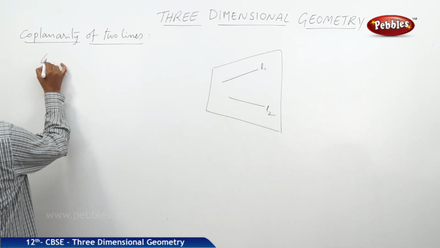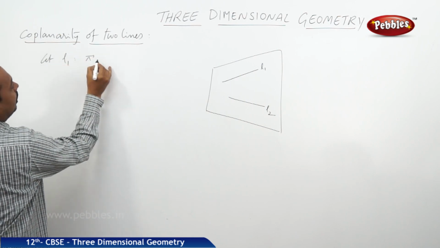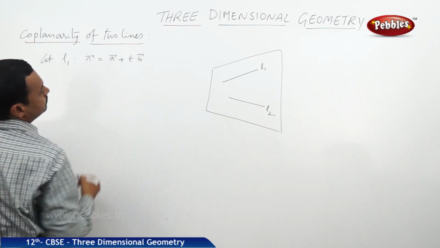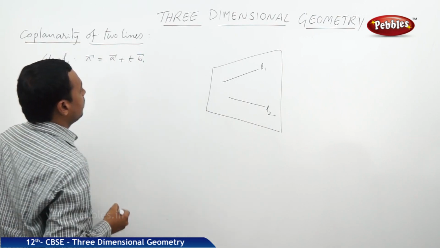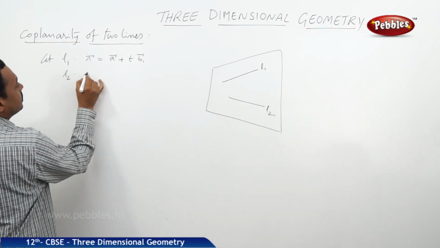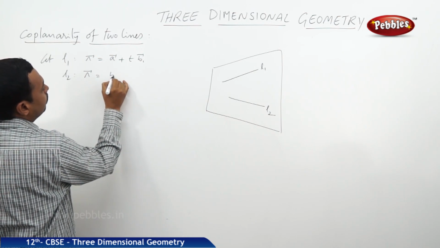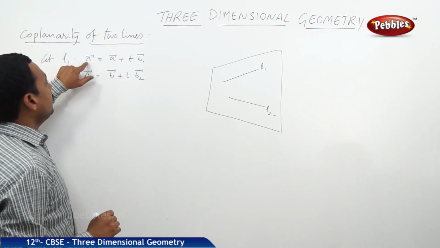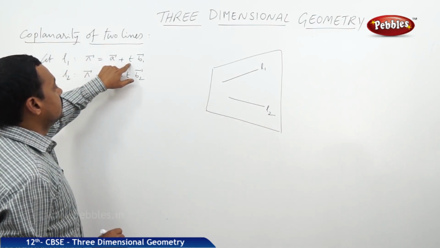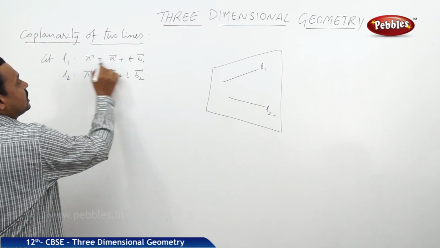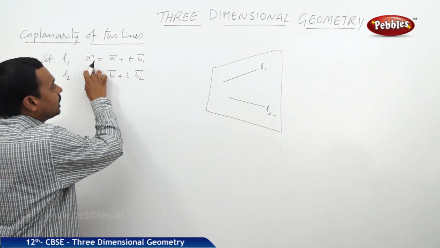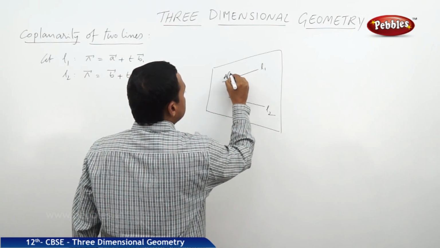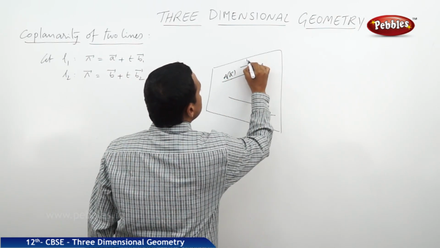Now let us take the two lines L1, that is r bar is equal to a bar plus t into b1 bar. And L2 is r bar is equal to b bar plus t into b2. See, r bar is equal to a plus t into b1 bar. Now this is the vector equation of a line passing through a point A whose position vector is a bar and parallel to some b1 vector.